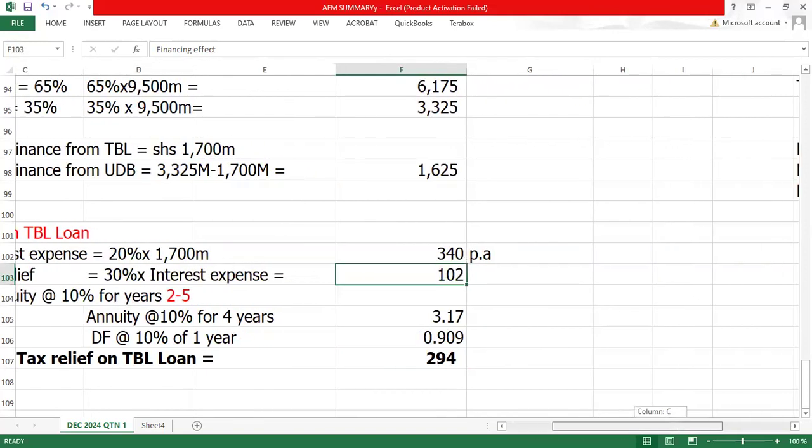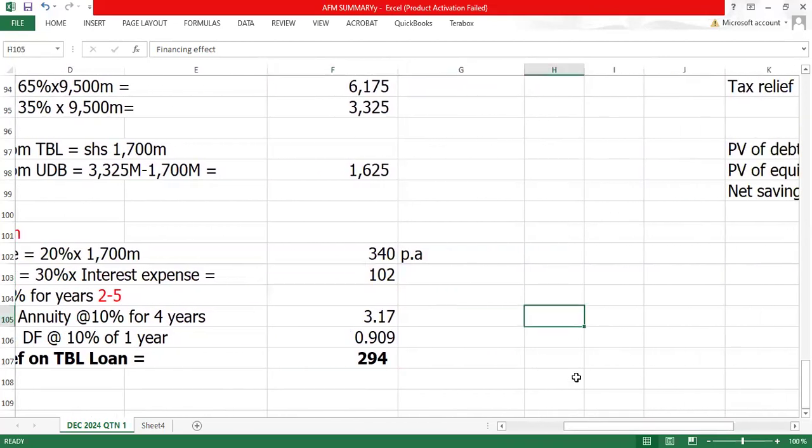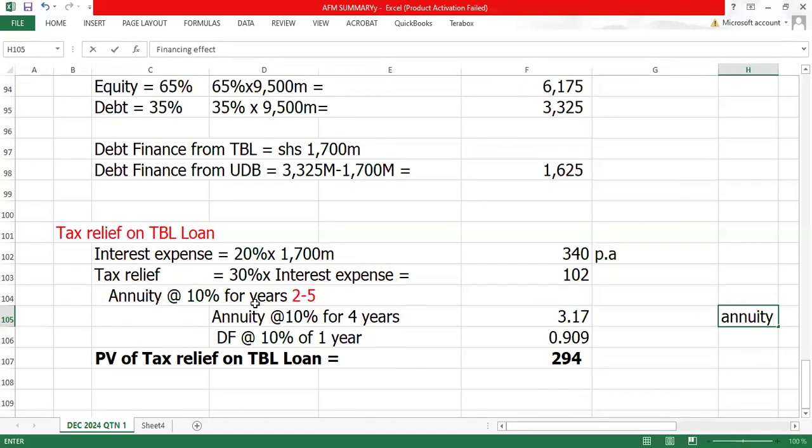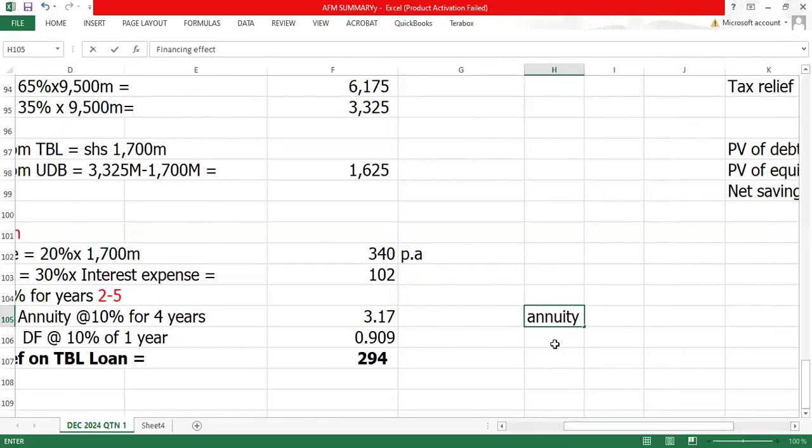There is another approach. I don't normally give a lot of methods, because you can be confused, but go with the one that is easy. You see here we are looking at year 2 to year 5. So one student can first get the annuity at 10% for 5 years.